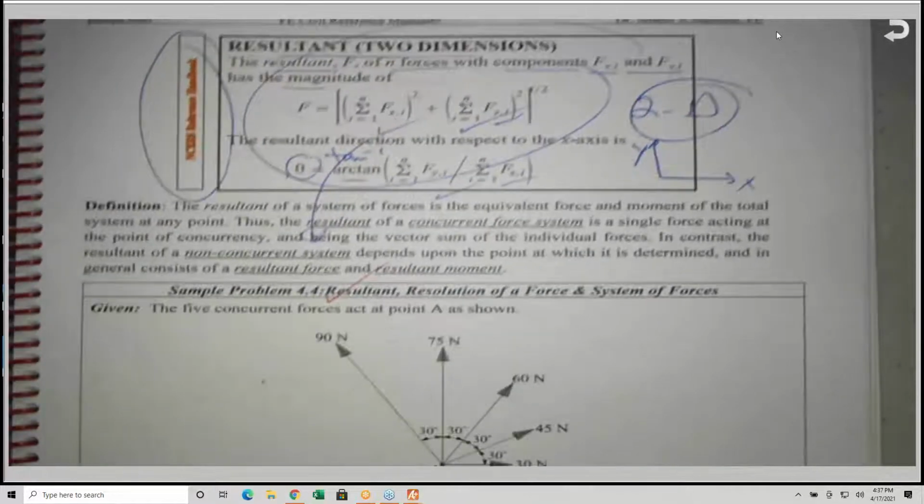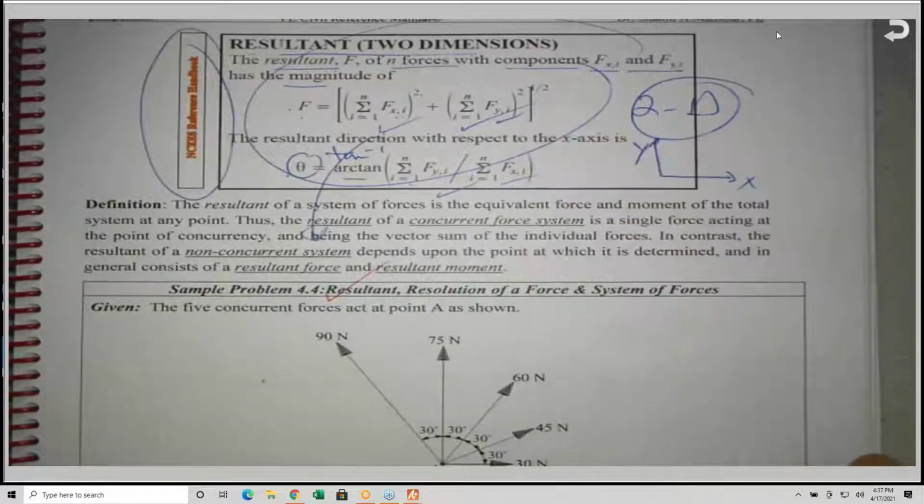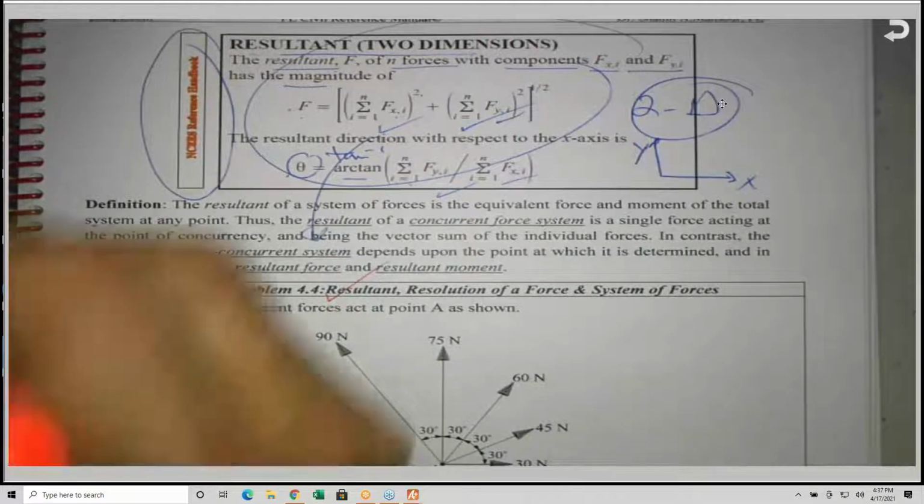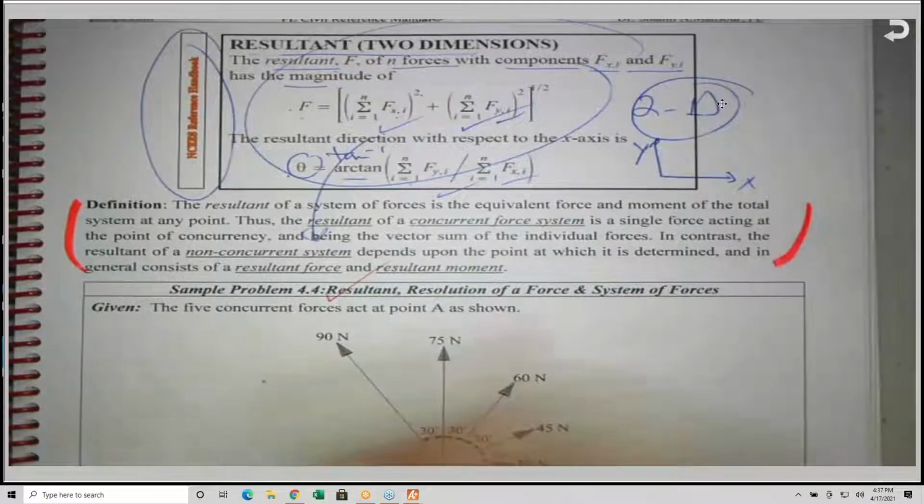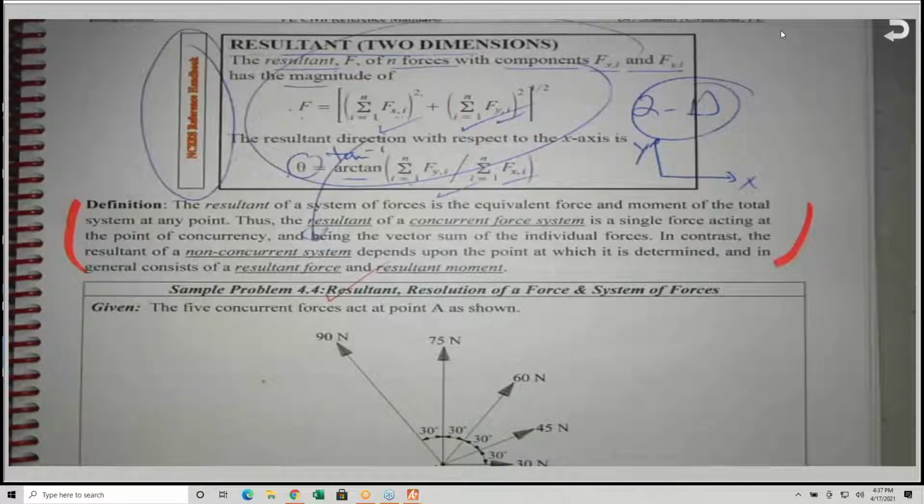Okay, so this is the section in the NCEES. The discussion I'm providing here is a very brief discussion about resultant. What is meant by a resultant? Resultant is a force replacing a series of forces, and we need to know its magnitude and its direction.